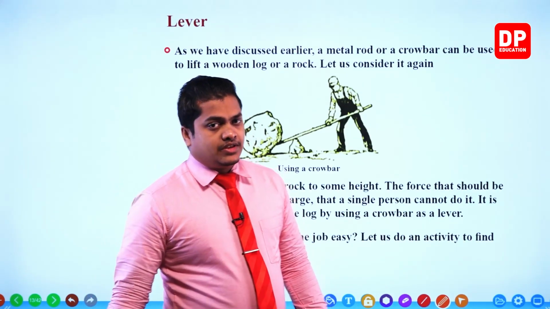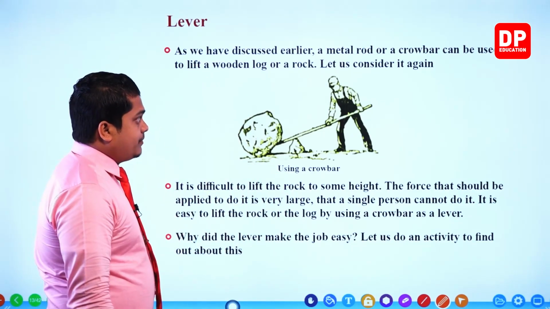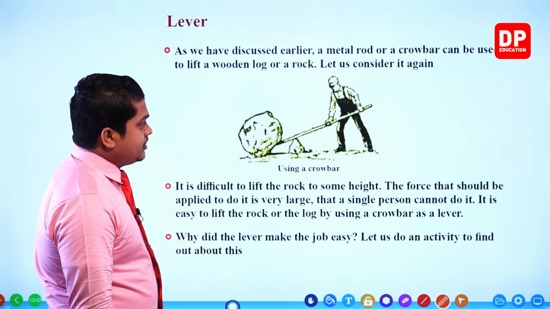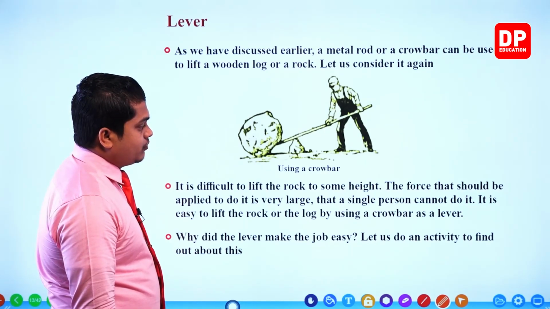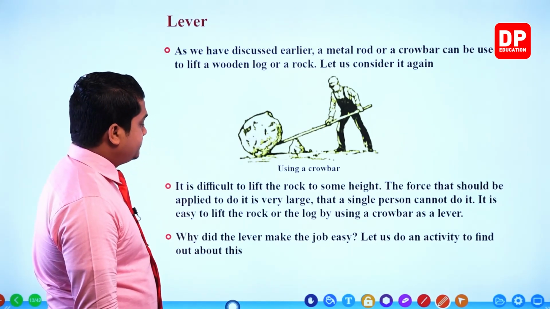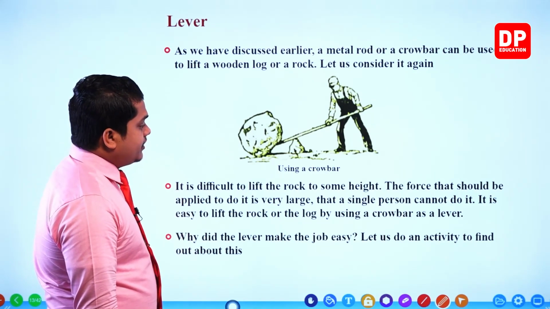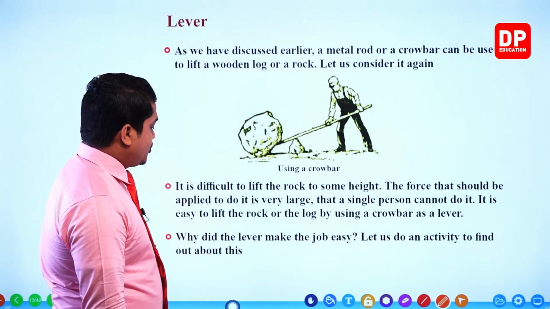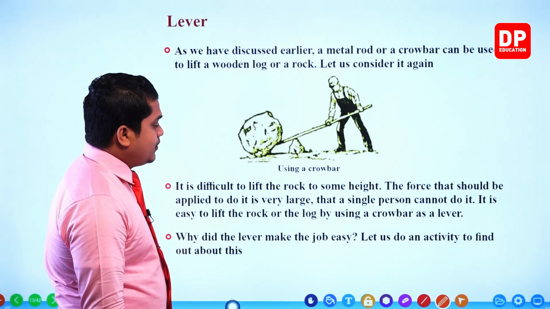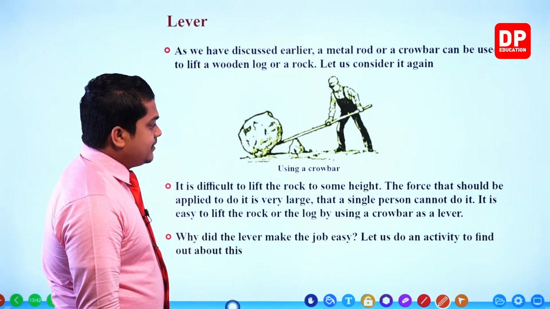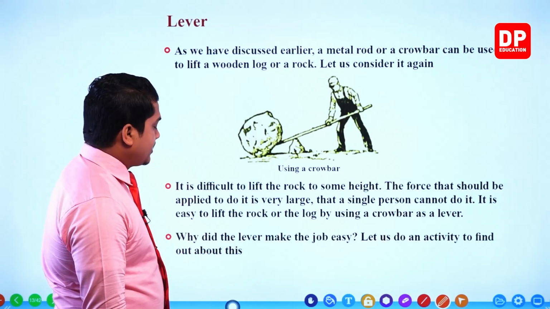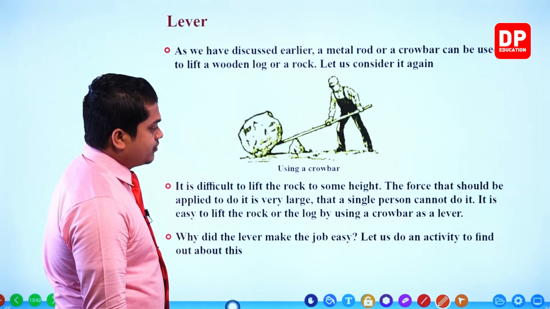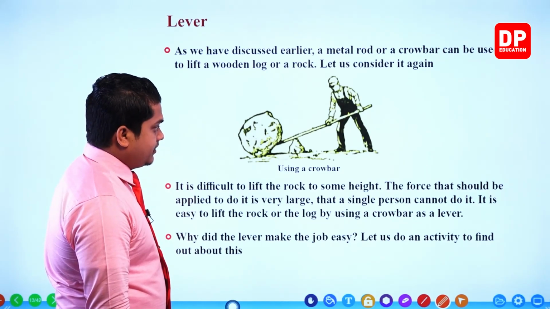As you can see in the given figure, a person is over here. Now he's going to move the rock by using the crowbar. It is difficult to lift the rock to the same height. The force that should be applied to do this is very large, so that a single person cannot do it. It is easy to lift the rock or the block by using a crowbar as a lever.